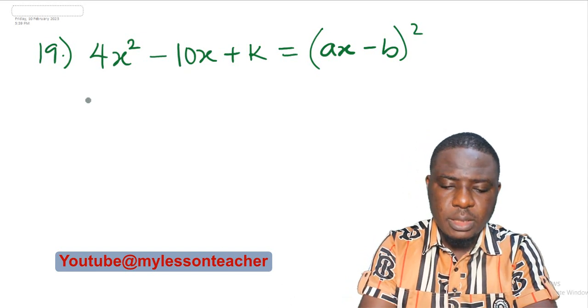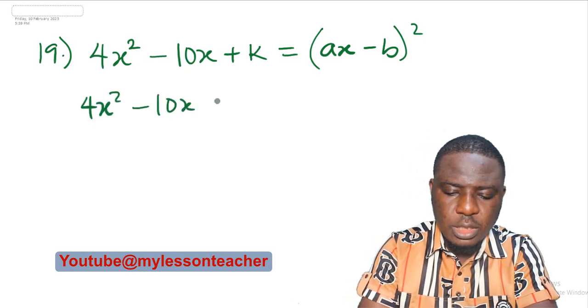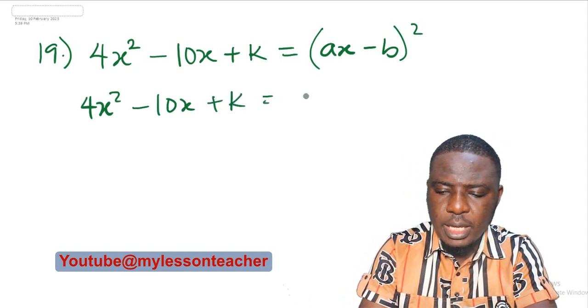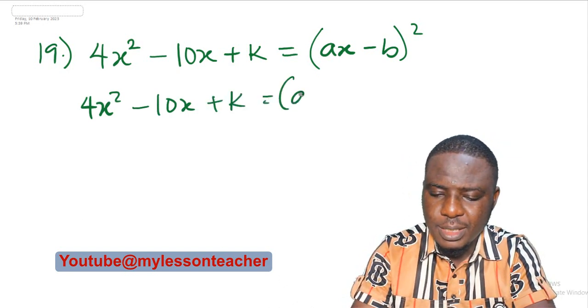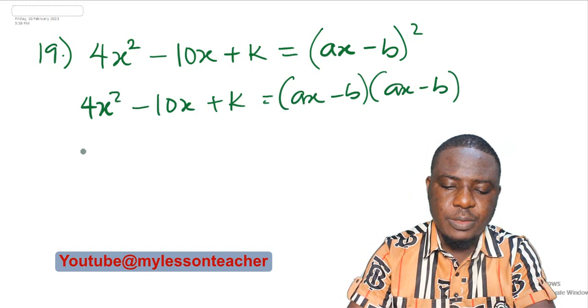So we expand. This is going to give us 4x squared minus 10x plus k is equal to ax minus b into ax minus b.